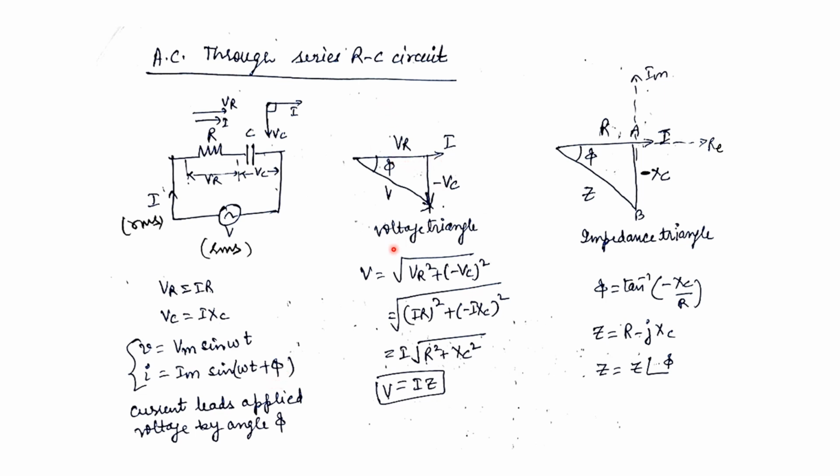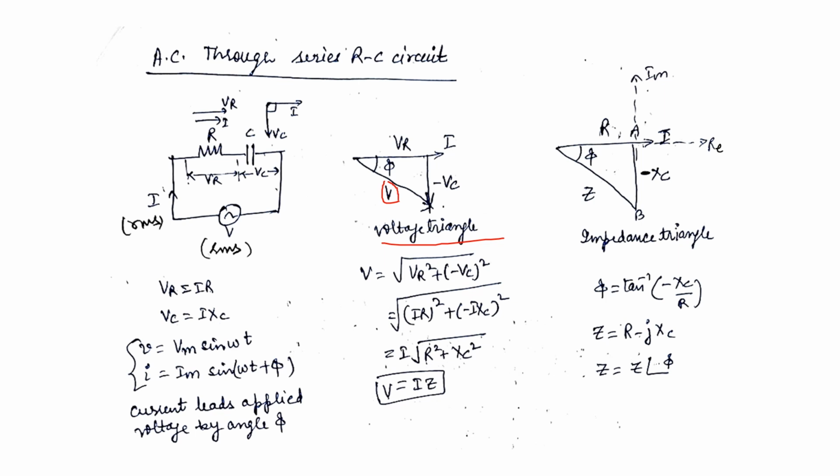If we draw the voltage triangle for this circuit, we can make VR in phase with I. The VC is drawn in the negative direction and the resultant V is the sum of these two voltages, VR and minus VC.